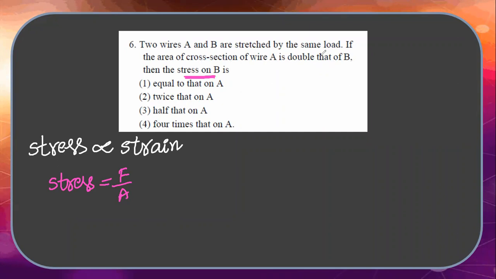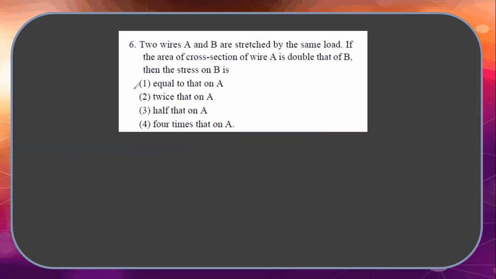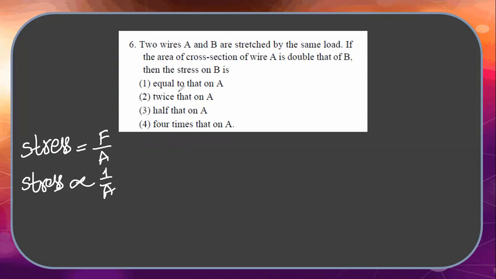Two wires A and B are stretched by the same load. If the area of cross section of A is double that of B, then the stress is. Otherwise, directly we may write stress is equal to restoring force per unit area, and the stress is inversely proportional to area of cross section.